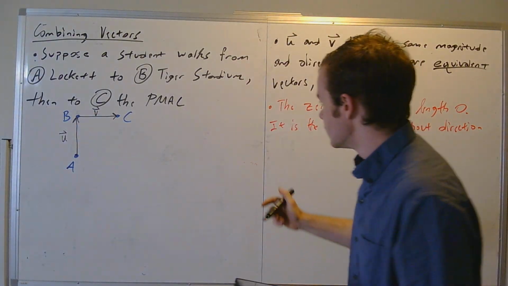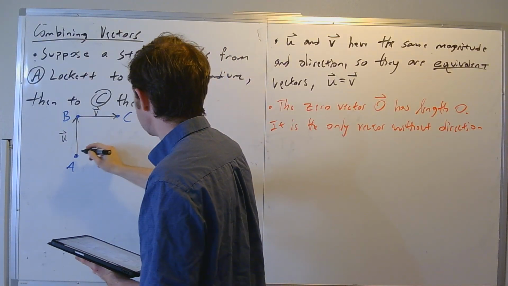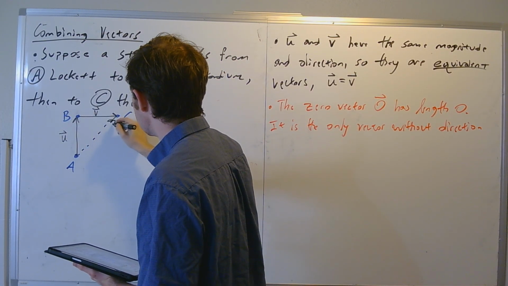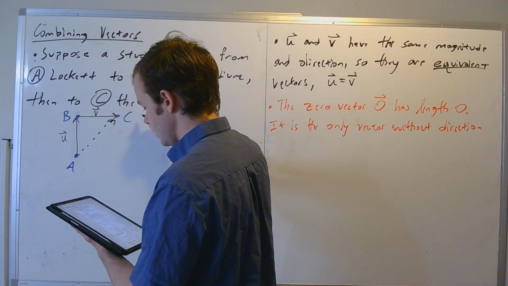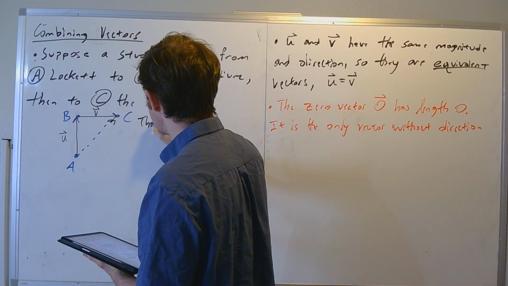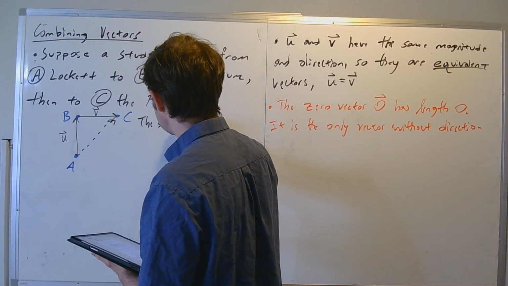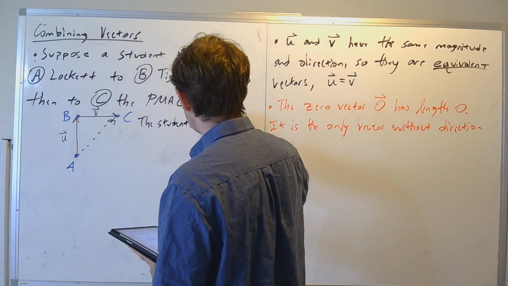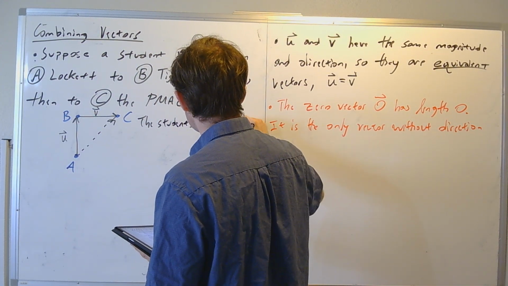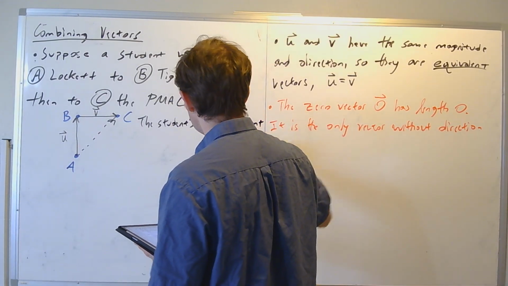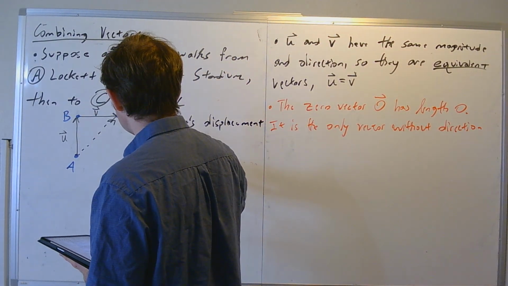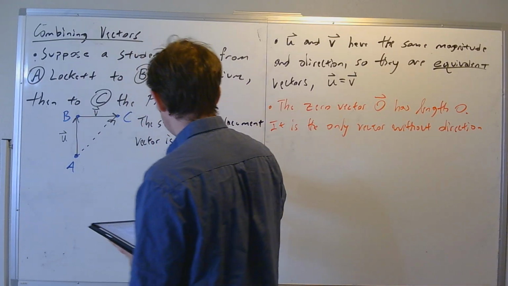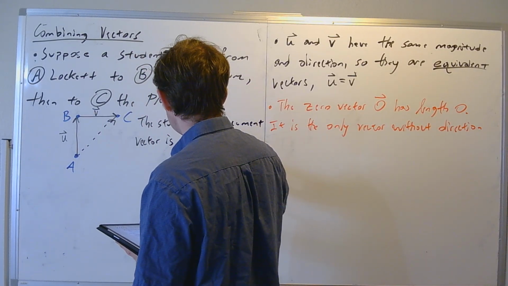Okay. And I'll say here, the students must draw a third dotted line going this way. And I'll say here, the students displacement vector is, so it's going to be AC, right?